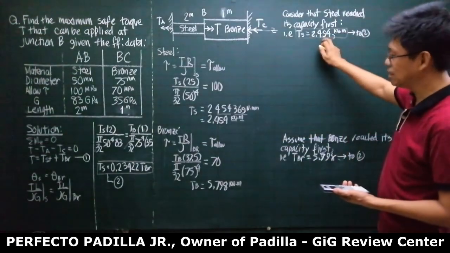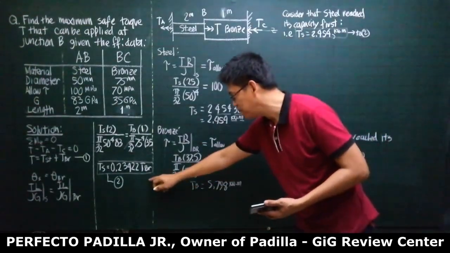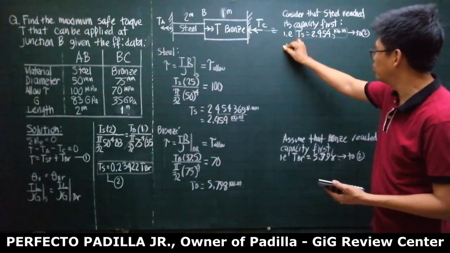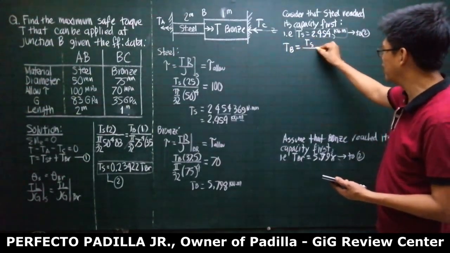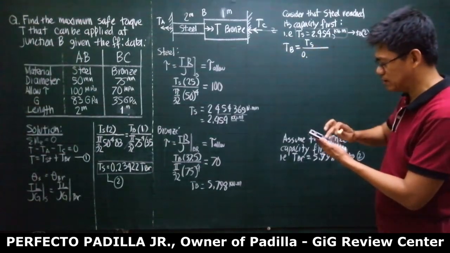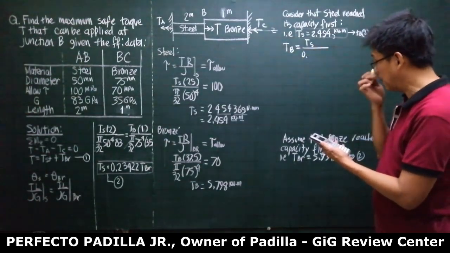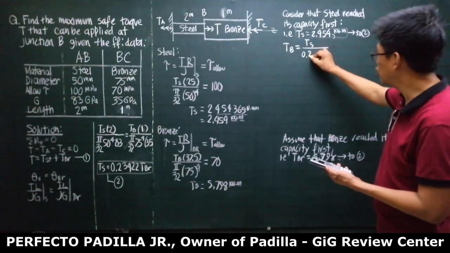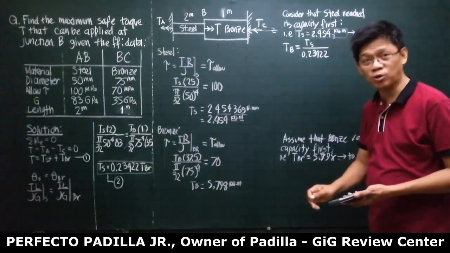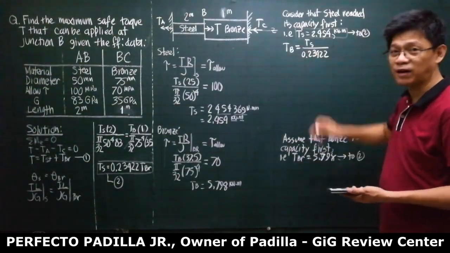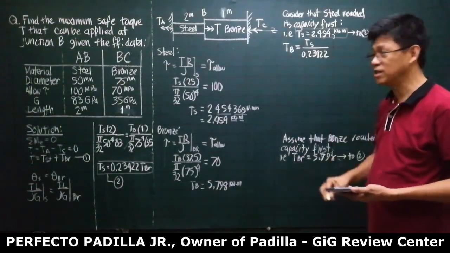now substituting this to equation 2, you'll have the T in bronze is equal to the T in steel over 0.23422. I stored in my calculator the more exact value of this, the one containing 10 digits.